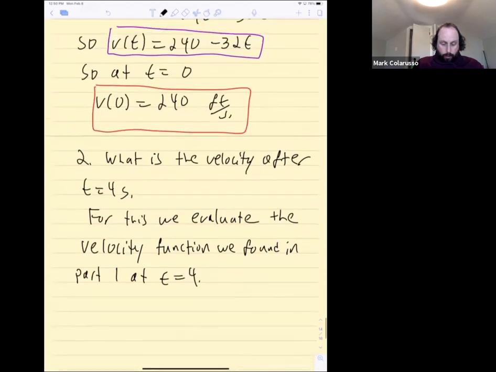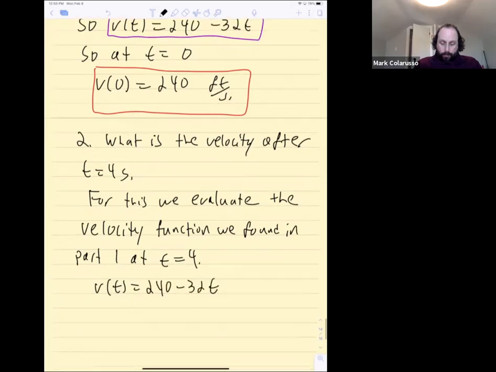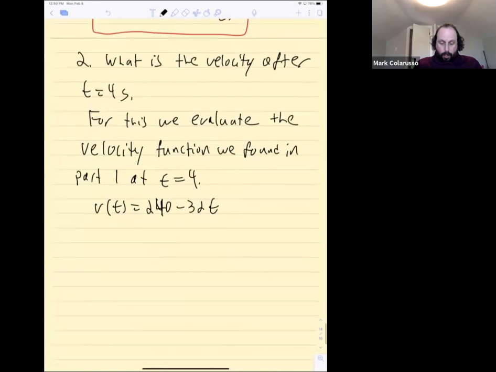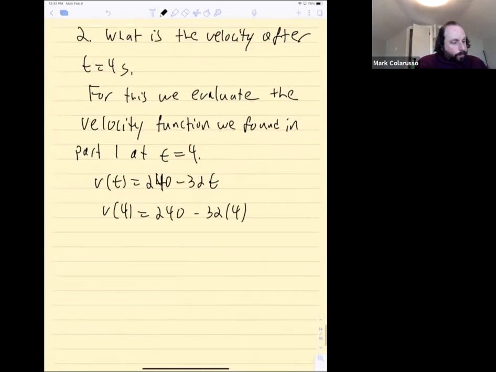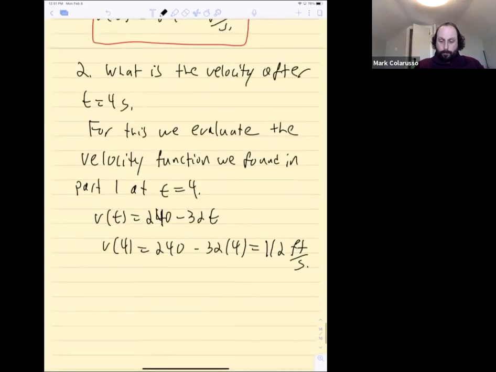So what was it? v of t was this guy, 240 minus 32t. And so v of 4 is 240 minus 32 times 4. Let's work that out. And it equals 112 feet per second. Okay, so that's not too bad. Just clean that up a bit.